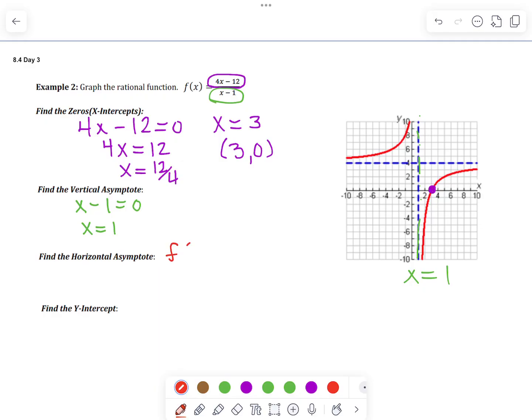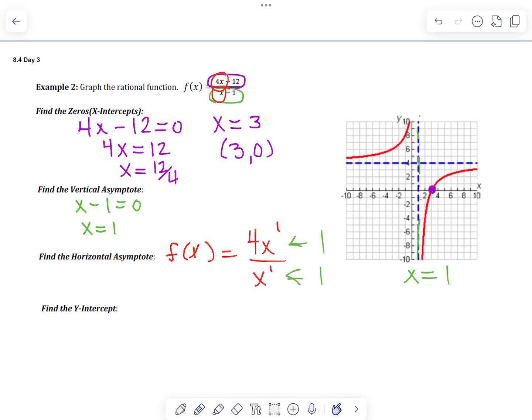Horizontal asymptote, we look at the degree of the numerator and denominator. So 4x to the first, x to the first. Both the degree of the numerator and the denominator are 1. They are the same.